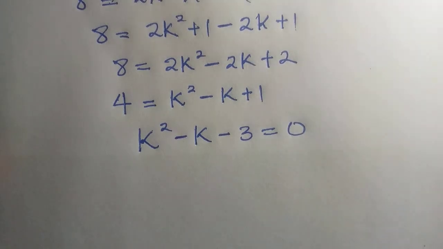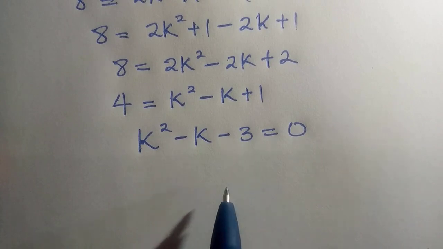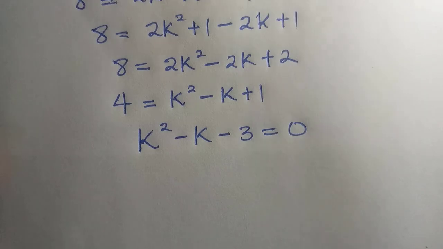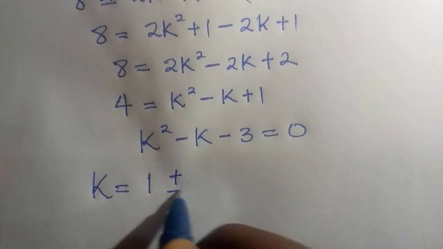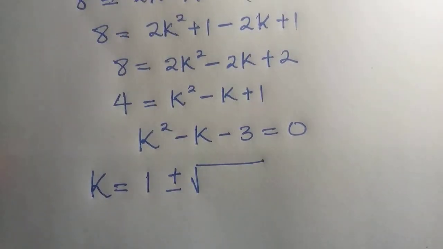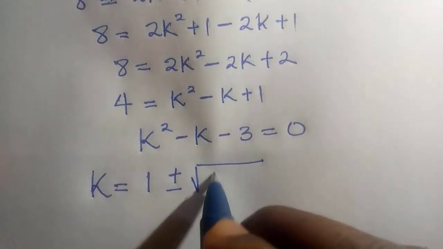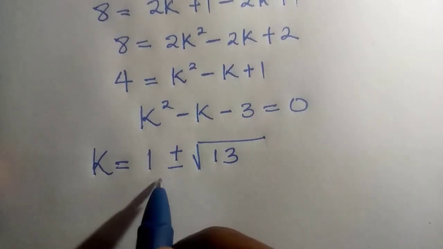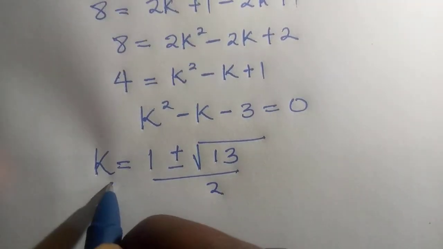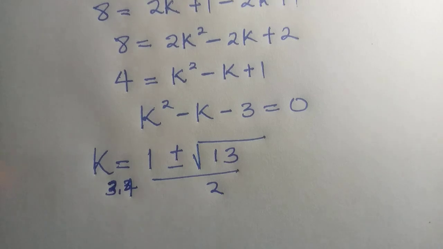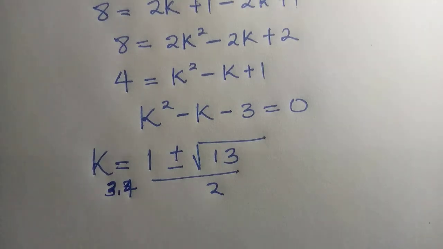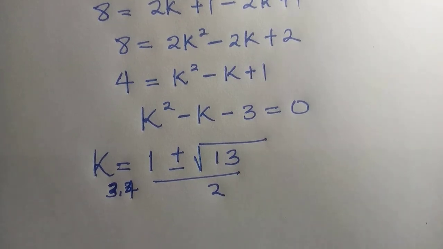On getting this, we also try to solve it by the quadratic formula, and the end result we get for this one also is (1 plus or minus the square root of 13) divided by 2, and we consider it as k2, k3, k4, which is 4 solutions. But with all this, not all of them satisfy. It is only 2 that satisfy this problem, and I need the answer in the comment box.